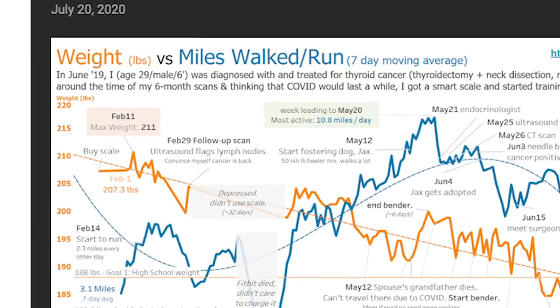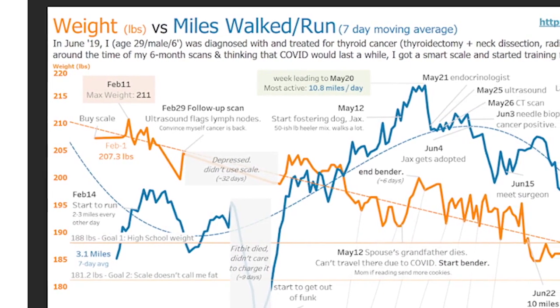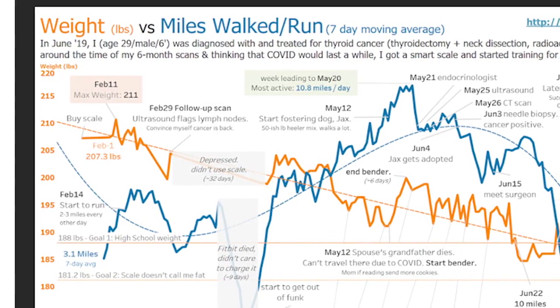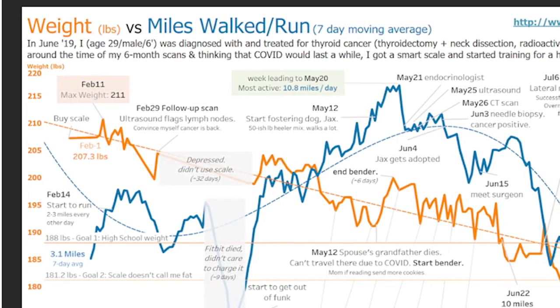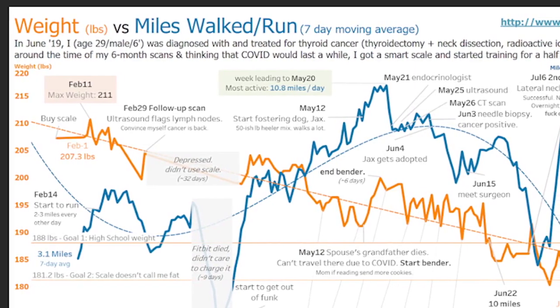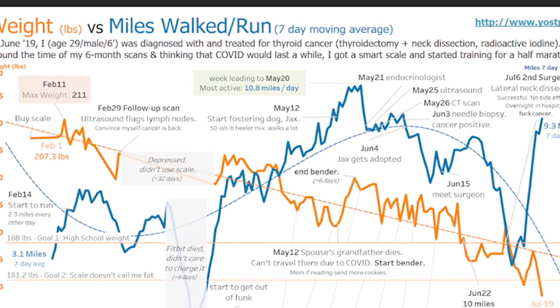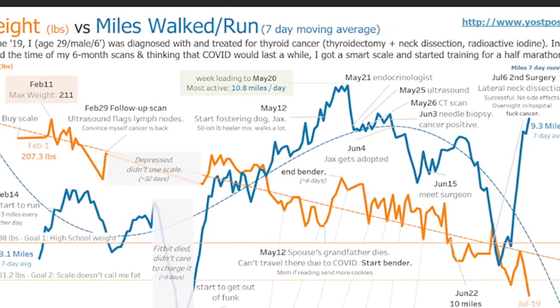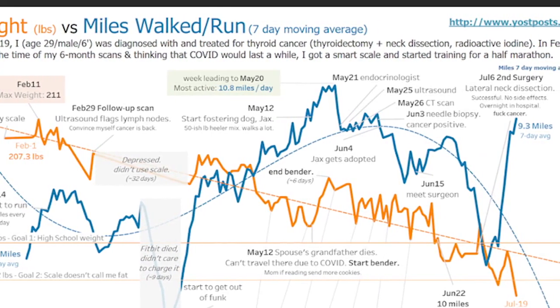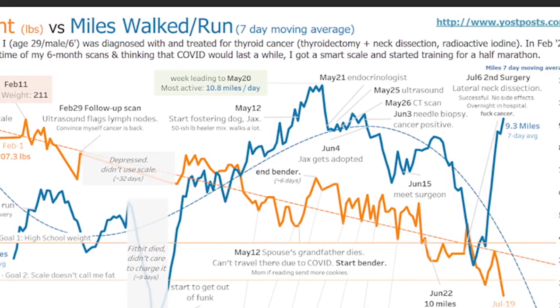This DataViz showcases this analyst's health journey as they prepared for a marathon while also undergoing treatment for their cancer. It's a very personal and powerful story, and he talks more about this project in his blog post. But it's also showing off his personality in the DataViz itself.